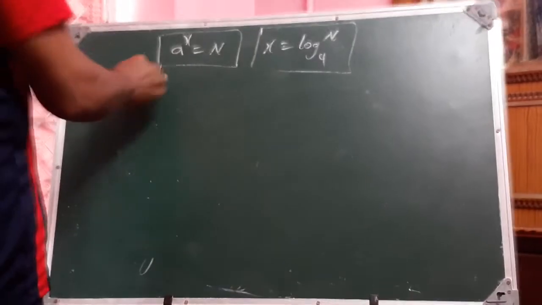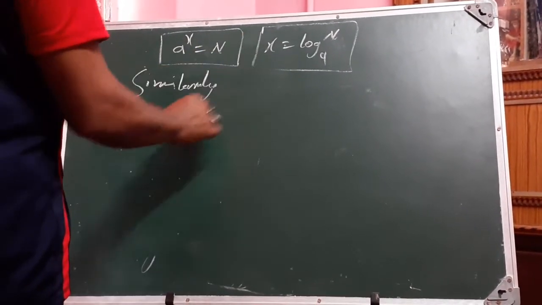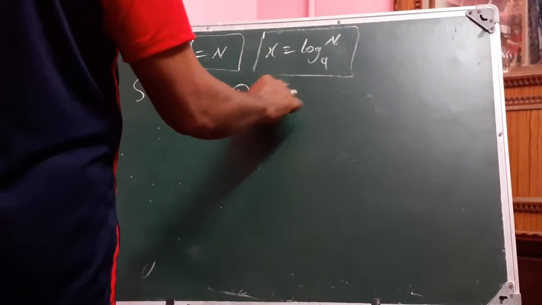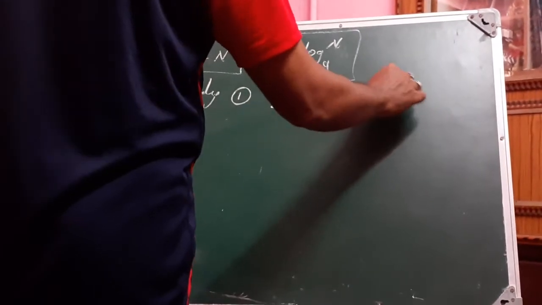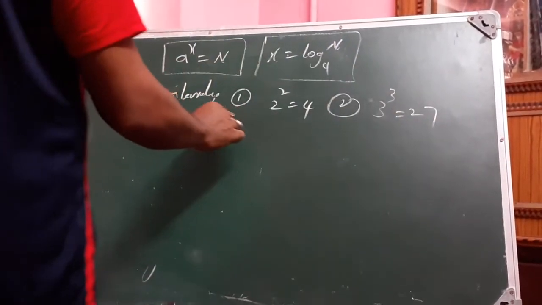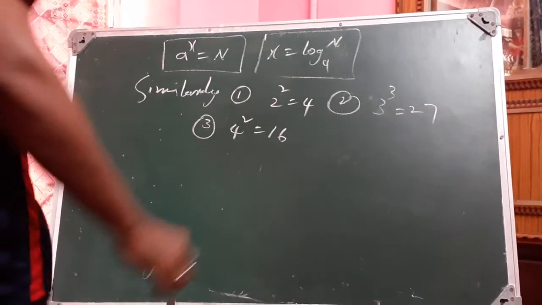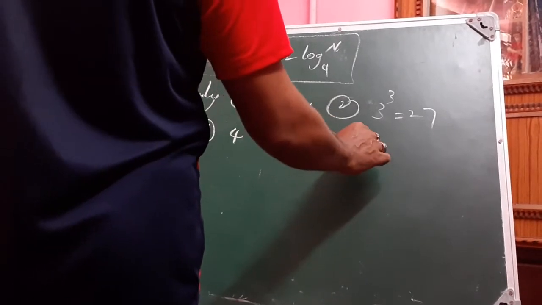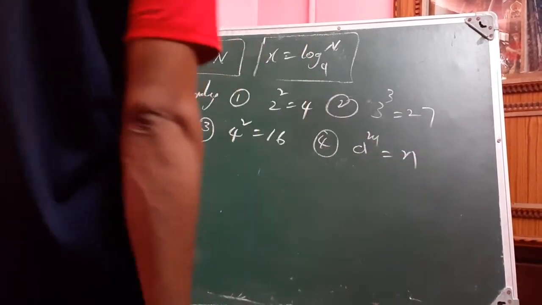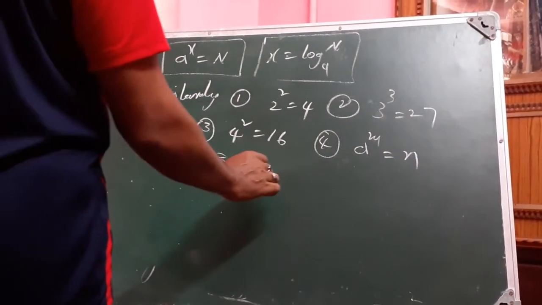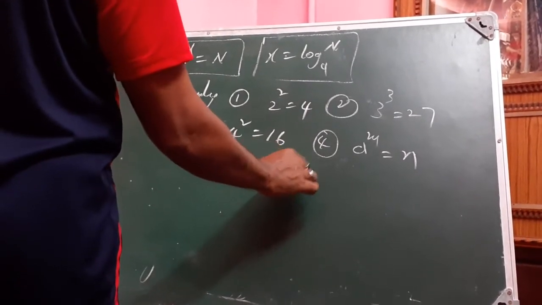Now next, do them similarly: 2 power 2 is equal to 4, 3 power 3 is equal to 27, 4 power 2 is equal to 16, a to the power m is equal to n, a is equal to b.